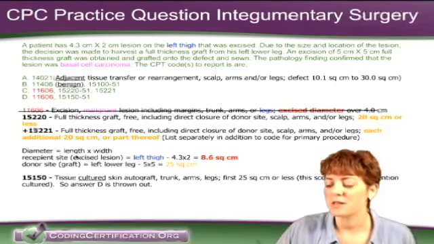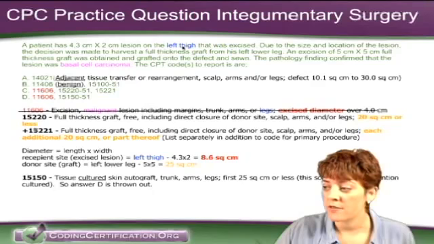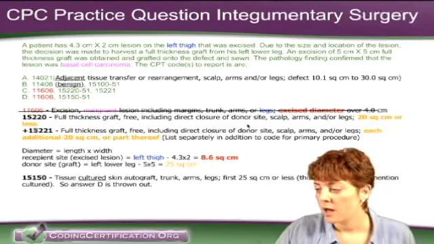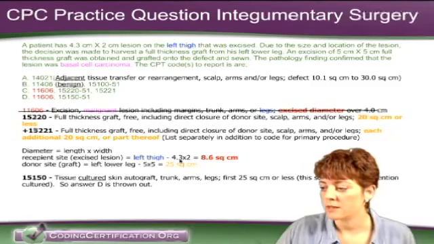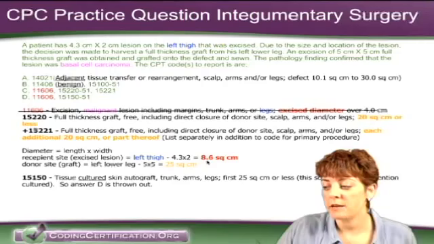So in this case, it's an autograft because it said patient had the lesion on the left thigh, and then they harvested a graft from the left lower leg. So the left lower leg was helping out the left thigh. So the left thigh said 4.3 times 2. You multiply it, okay?